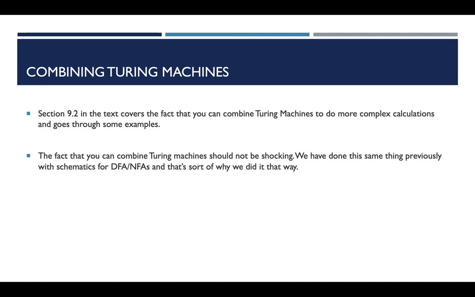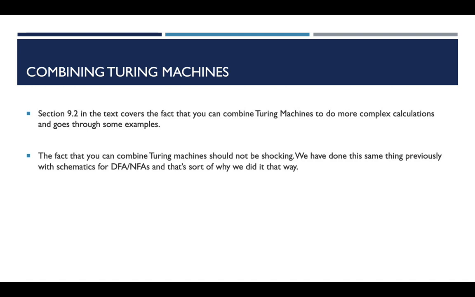I'm not going to belabor the point about combining Turing machines because it should be fairly obvious that you can do so. And in fact, we've combined machines in the past when we talked about how to show that a language is regular by composing DFAs and NFAs together using lambda transitions or whatever transitions you want. The reason why we went through those pedantic exercises of showing things like the complex numbers are regular languages is that it's a much easier way to prove the same point that this section of the book is trying to show.